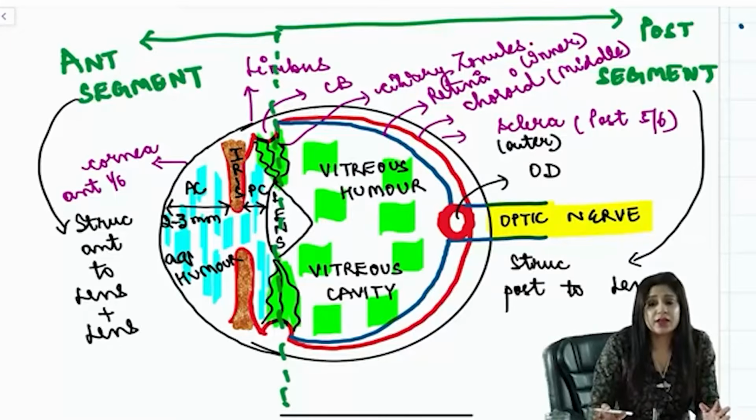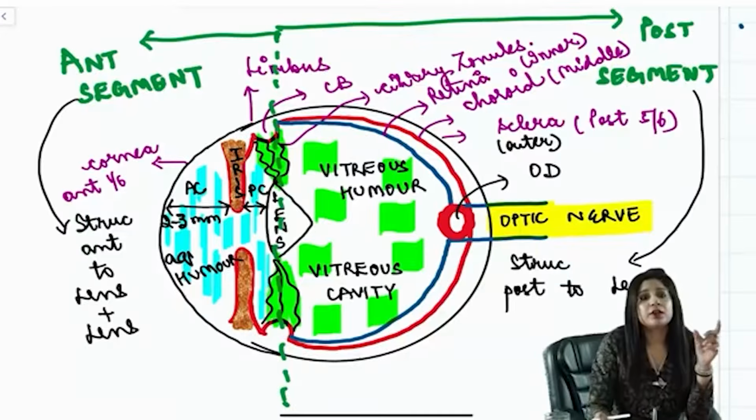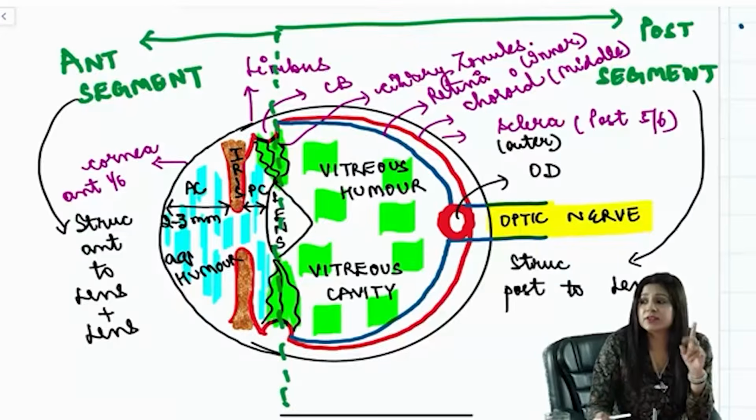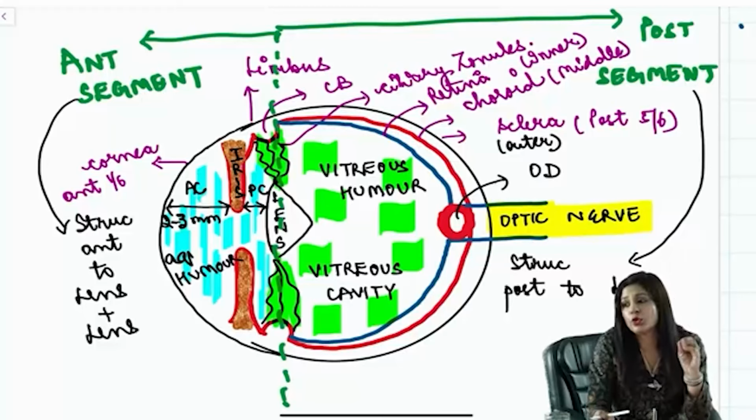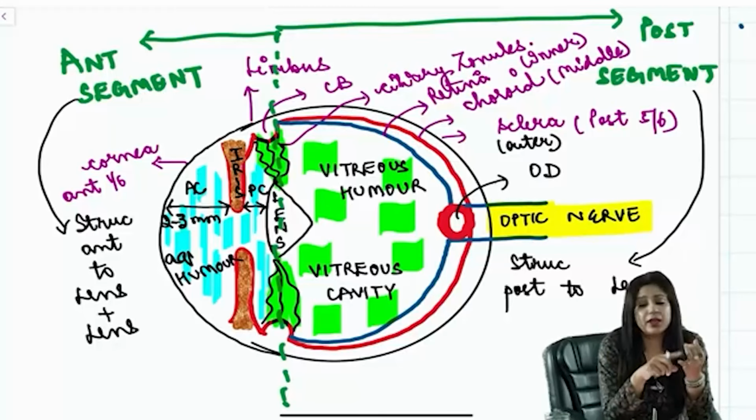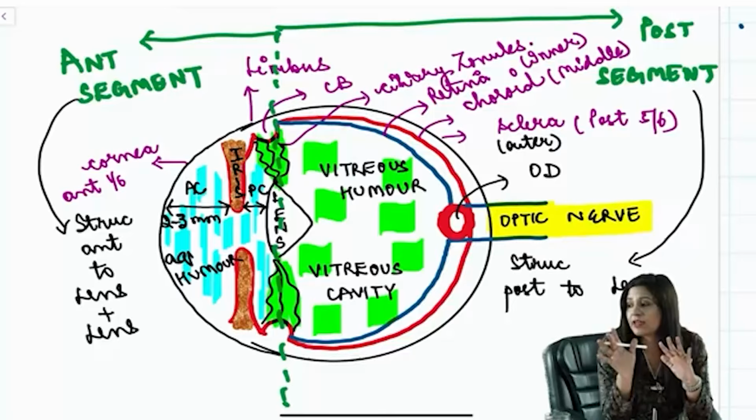So this is the complete diagram of the eyeball, where you can see the segments, then the chambers, the fluids, the shape and coats. Five things that you should know at the end of this diagram: first of all, the 3 coats, the 2 segments, the 2 chambers, the 2 fluids and the shape of the eyeball. These 5 things.